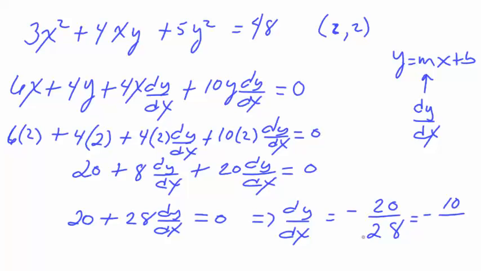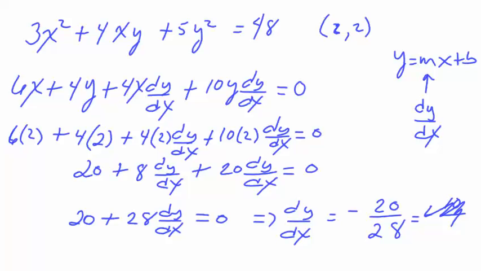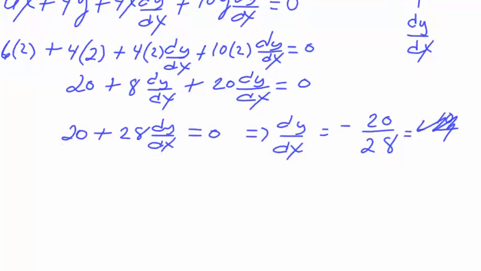Oh, wait a minute, we're still going to be able to simplify, 7 times 4 is 28, isn't it? Okay. Sorry about that. Let's just rewrite this down here, running out of room. 4 goes into 20 5 times, and 4 goes into 28 7 times.